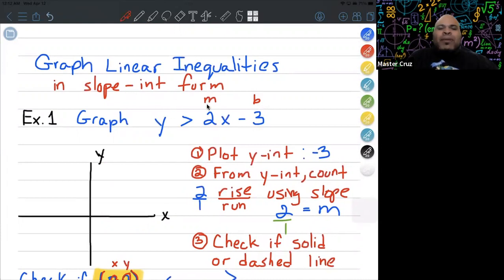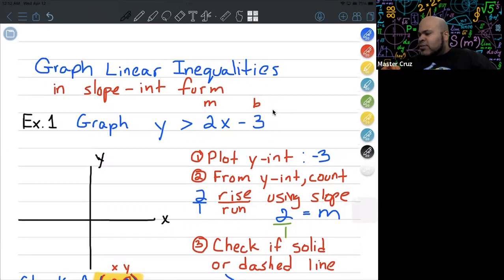So you can automatically see the slope, which we denote with the letter m, and we can see the y-intercept, which is the b variable, because this is y equals mx plus b. So that's where that is coming from. That means that the 2 is the slope and the b is the y-intercept.